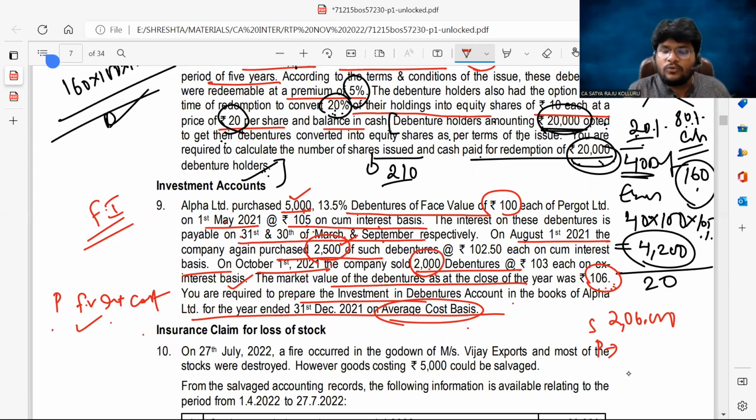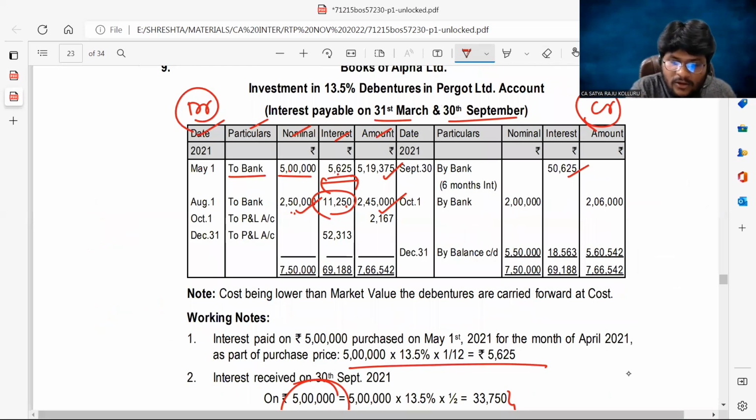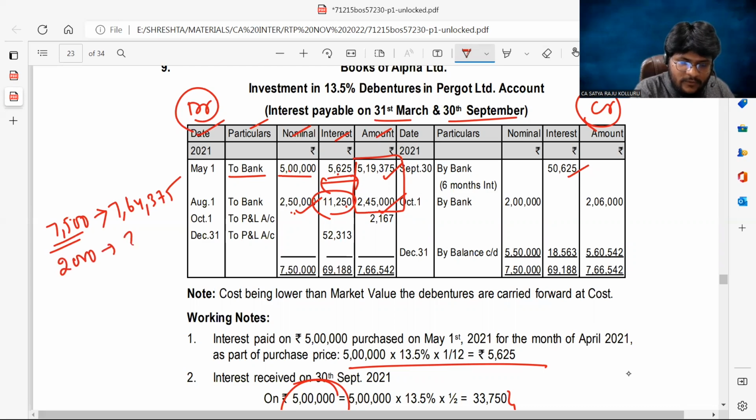To know the 2,000 debentures purchase price, you should take the total cost first. 5,000 plus 2,500, 7,500 debentures total cost was, add these two components, 519,375 plus 2,45,000. 7,500 debentures cost was 7,64,375.